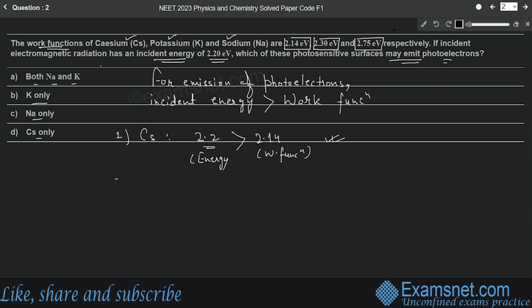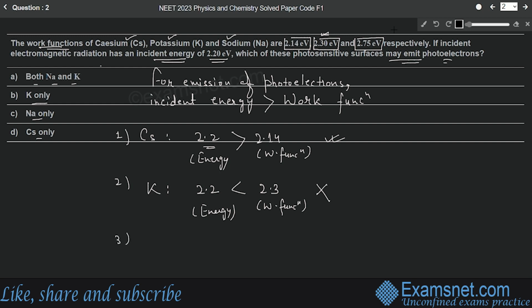Now let's see the second one, that is potassium. For potassium, the energy is 2.2 electron volt, but its work function is 2.3 electron volt, right? So here the energy is not more than the work function, so this will not emit photoelectrons.